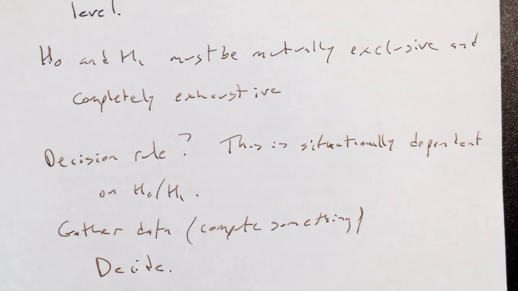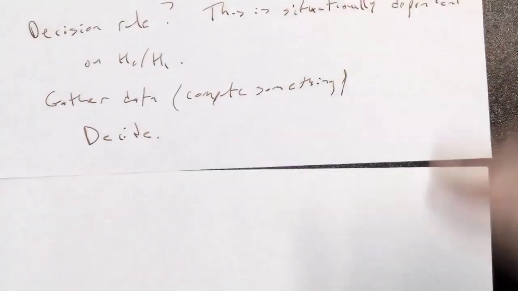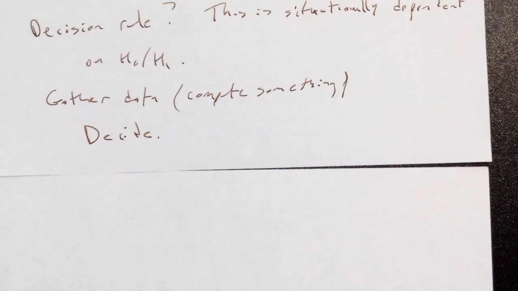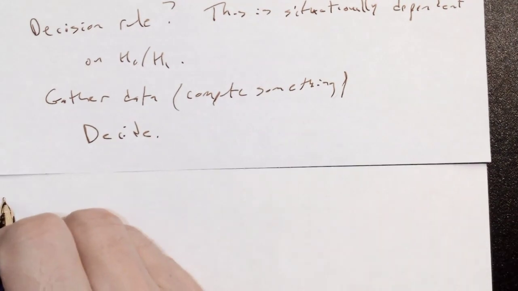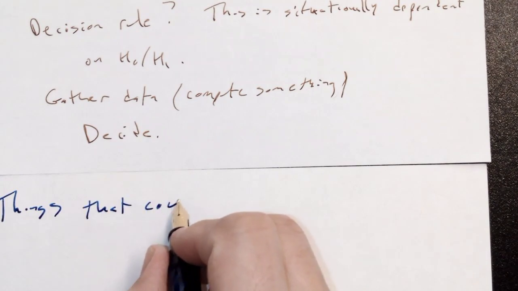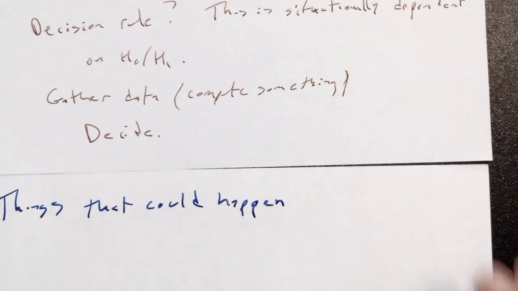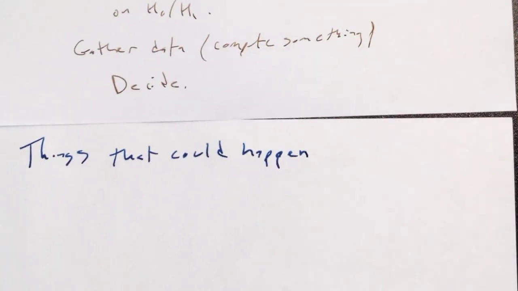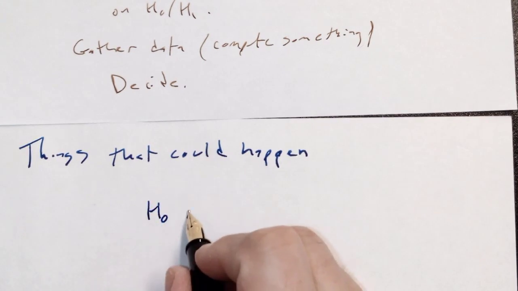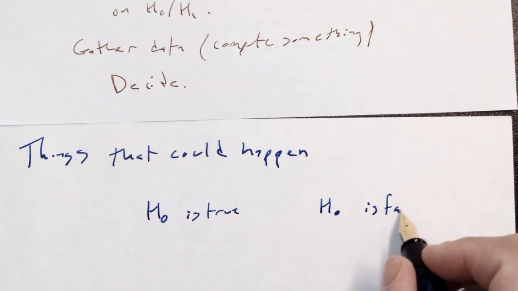So let's consider what could happen. There are really two options. My assumption is true, or my assumption is false.